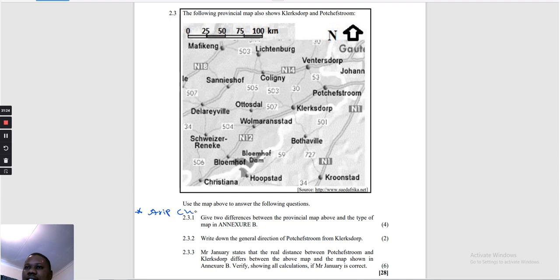Strip charts, the first one, is not drawn to scale, whereas the provincial map is drawn to scale. It means that even if you look at the strip chart map, you'll never see the scale there.